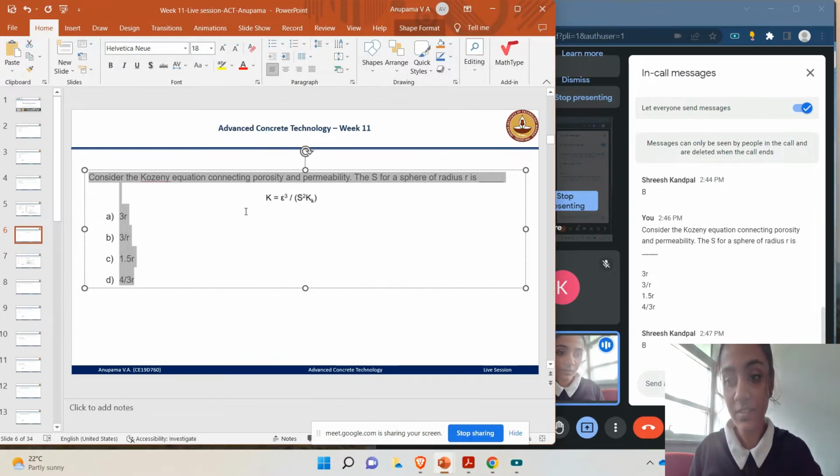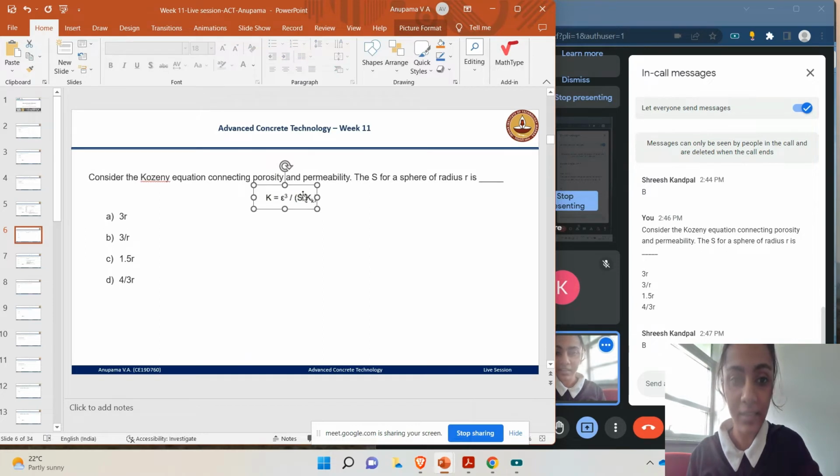The S for a sphere of radius r is dash: 3r, 3 by r, 1.5r, or 4 by 3 r. For this, first of all, you need to know the Kozeny equation. It is given here. Secondly, you need to know what S is.